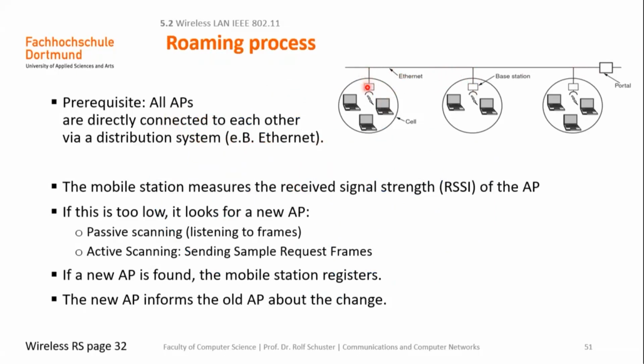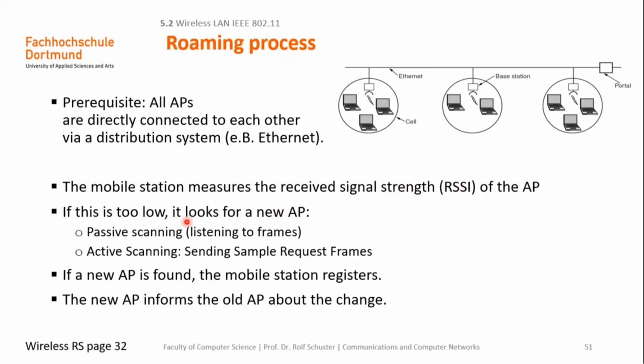Then we interconnect the access points with that kind of backbone network, and provide wireless service across those access points to the different stations. The mobile station then measures the received signal strength, what is called the RSSI, the received signal strength indicator of the access point. If this RSSI is too low, it looks for a new access point.